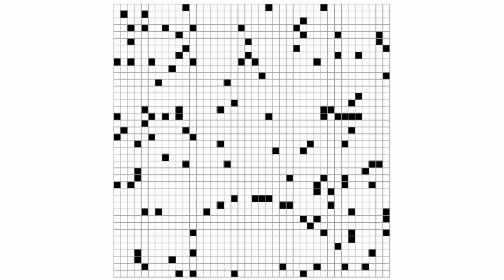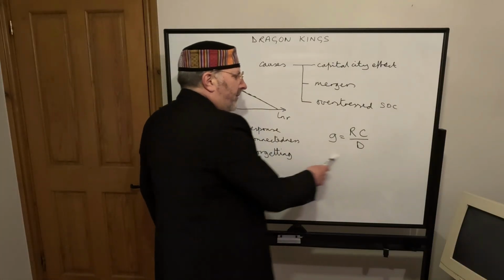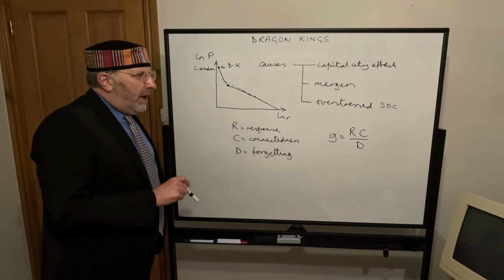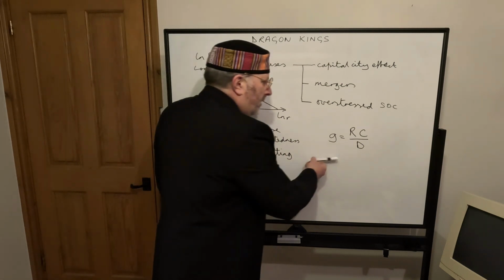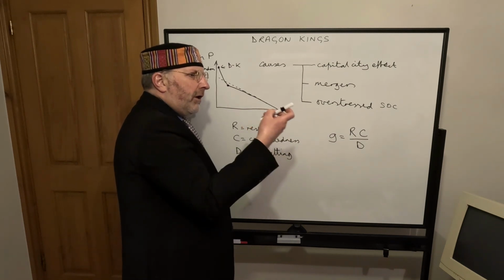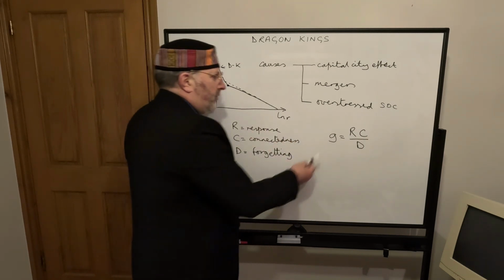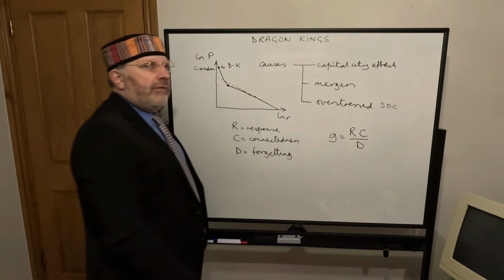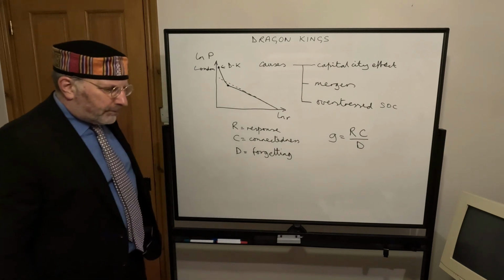And if G is too low, as in the percolation model, you get just isolated patches and a typical size to those patches. So they suggest then that when we see Dragon Kings, they don't necessarily need a special explanation, that Dragon Kings are a natural property of systems that can also produce power laws or normal distributions, just depending on the value of this parameter G, which in turn depends on these three things.